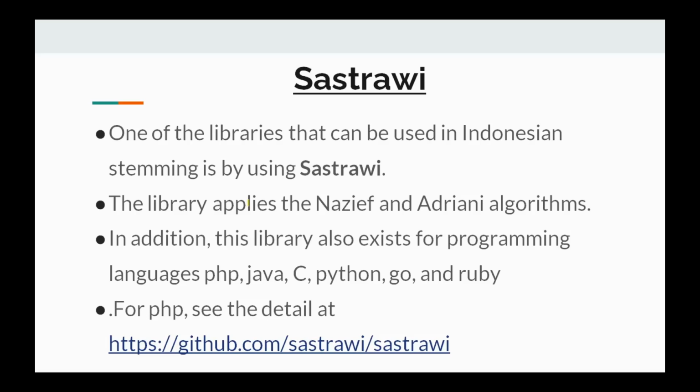The library applies the Nazief and Adriani algorithm. In addition, this library also exists for the programming languages PHP, Java, C, Python, Go, and Ruby. For PHP, you can see the details of the implementation at this link.